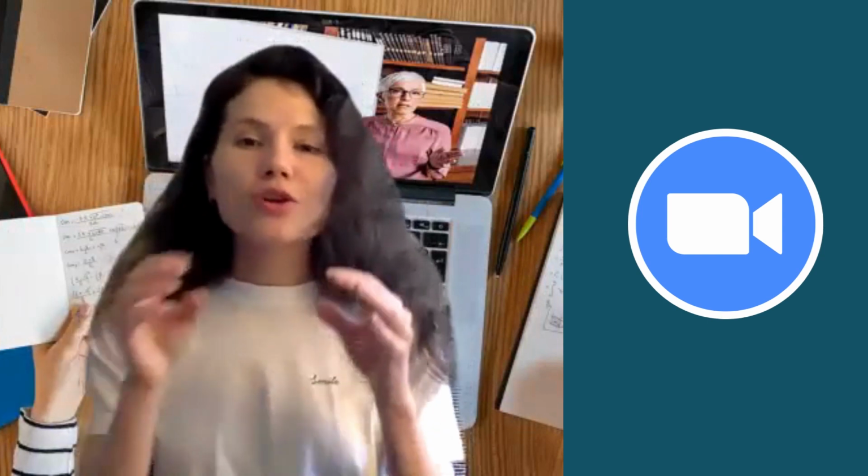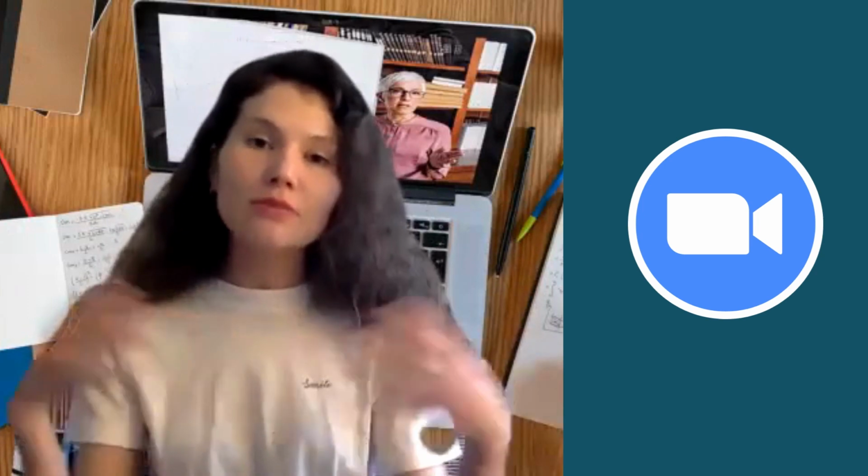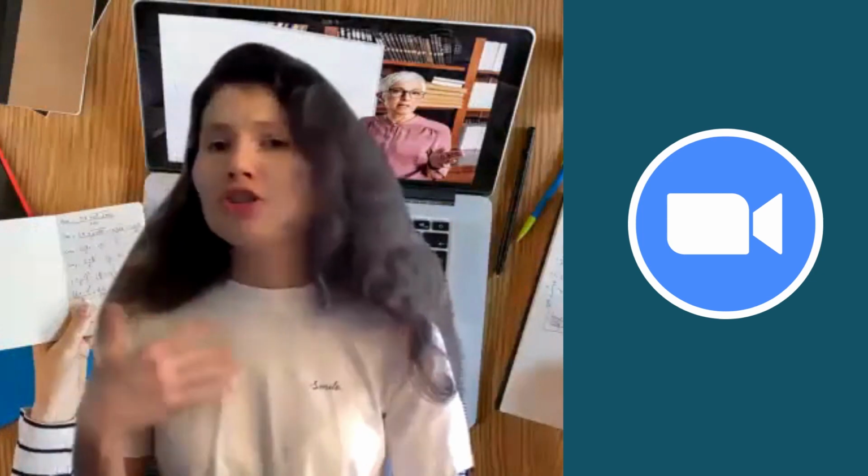So you can put students in breakout rooms, and they will be able to work in small groups, communicate effectively, and then you can bring all of them back together. Then you can have a whole group discussion again. And you can rotate groups. You can change students into different small breakout rooms, so they will have the opportunity to talk with each other.